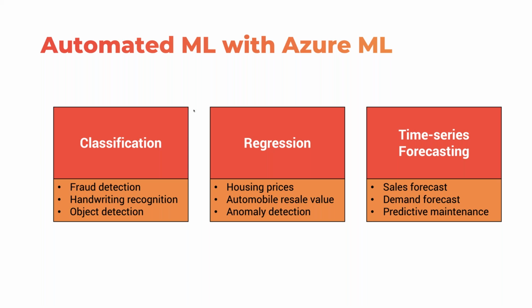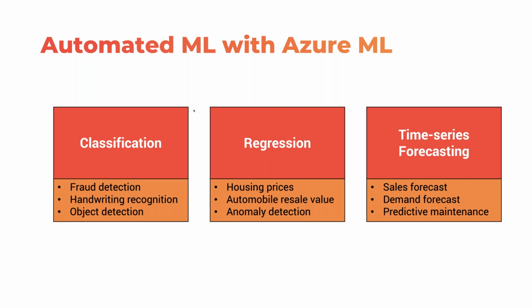Regression deals with continuous data, for example, predicting housing prices, a very popular example, automobile resale value, and even performing anomaly detection. Time series forecasting deals with any data that is attached to a timestamp. For example, predicting sales forecast, demand forecast, and predictive maintenance of devices based on the time series data coming from the sensors are examples of time series forecasting.